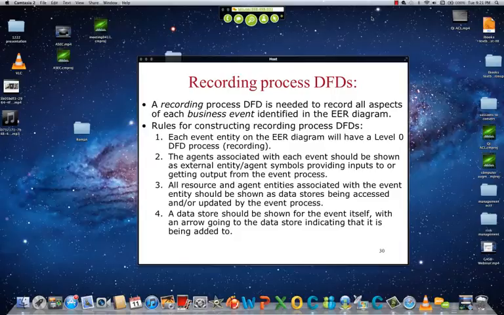Finally, you have those events, those processes. I have this correction: each event should have its own table, where you record the information about the event. Again, you have the EER, you look at your EER, you see the business events, those things in the middle.